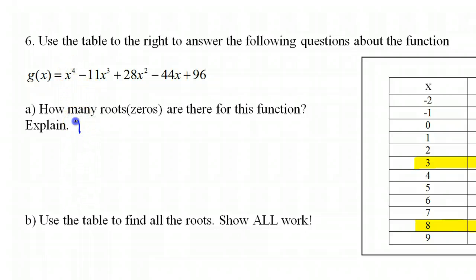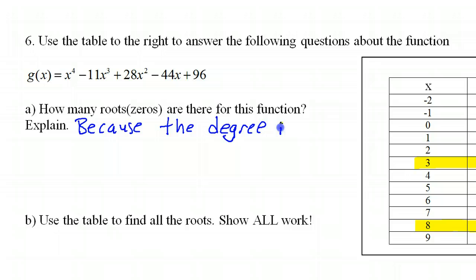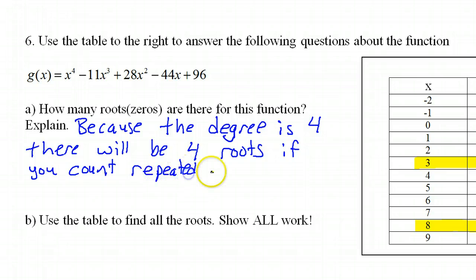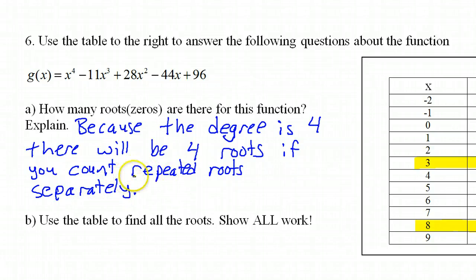Well, the degree is 4, so there will be 4 roots, which is the same as zeros, if you count repeated roots separately. Okay, there should be 4 roots.